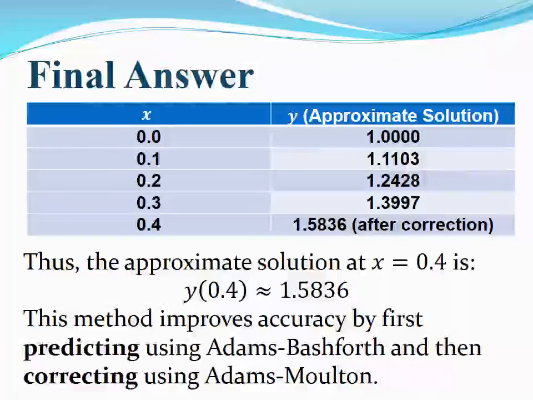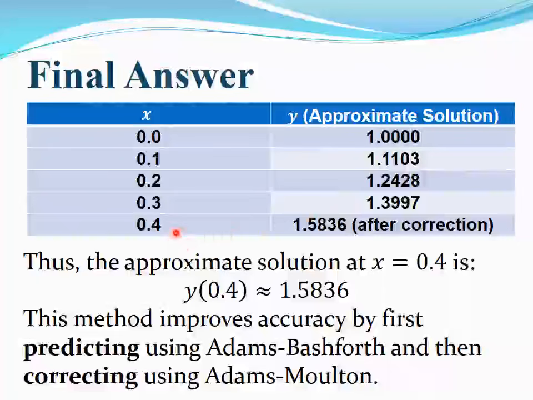You can see here the value of x is also given and the value of y is also given. Now we get 0.4 after correction, 1.5836.